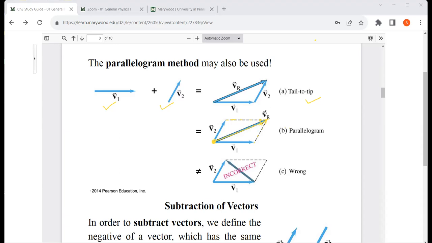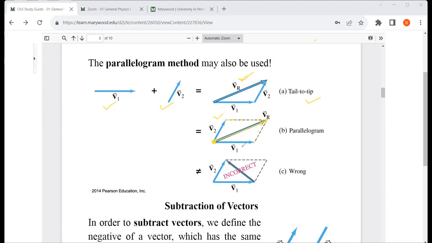In the tail to tip method, we draw the first vector first, and then from the head of the first vector we draw the second vector, and the resultant starts from the tail of the first vector to the head of the last vector. Here you see that this is the resultant, or the sum, of the two vectors. In the parallelogram method, we draw both vectors from the same origin.